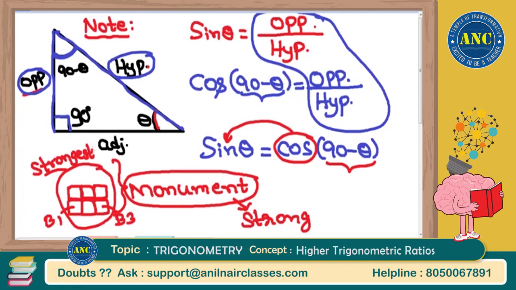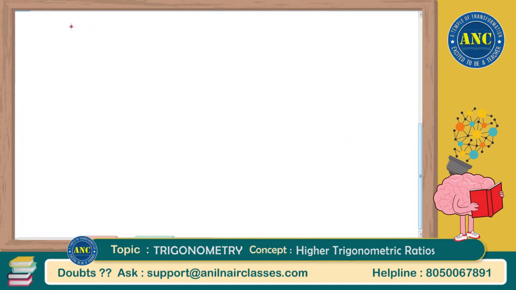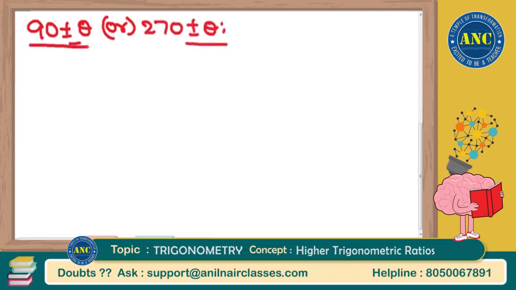Idea clear? Whenever it is 90 plus or minus theta, or whenever it is 270 plus or minus theta, my trigonometric functions will definitely change. That means sine will be written as cos. Why cos also, I explained to you now.